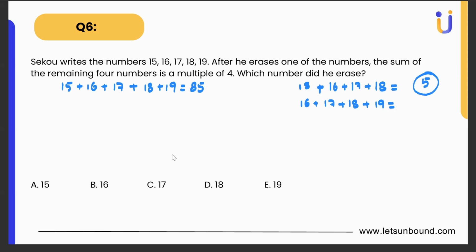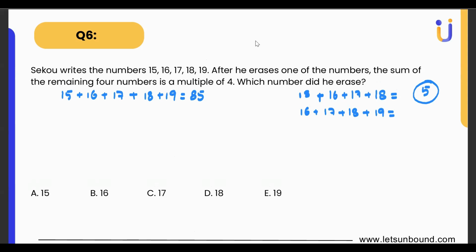Now, 85 is the sum of all these 5 numbers. From 85, which number should I be removing such that it becomes a multiple of 4 is the question.